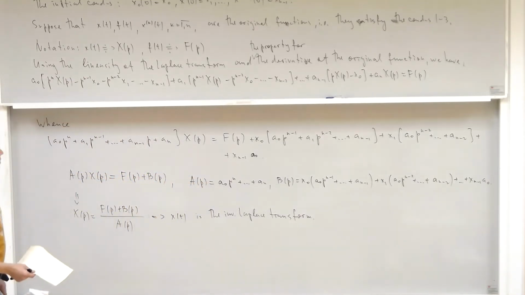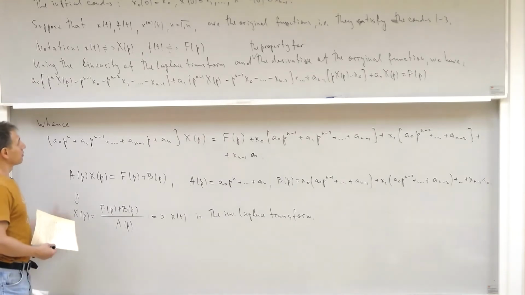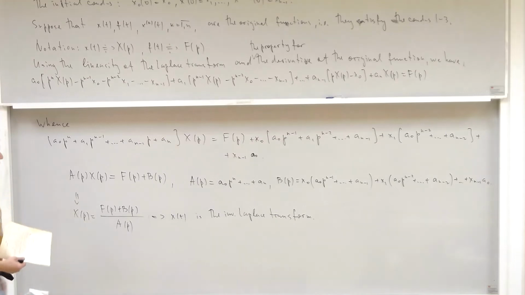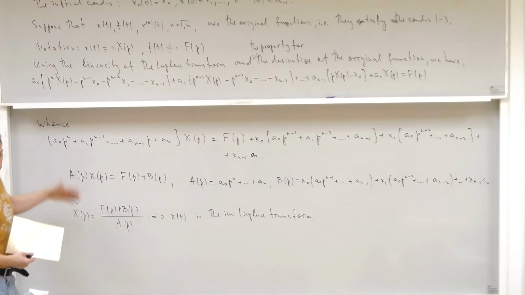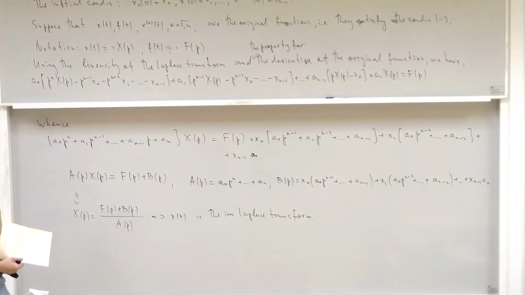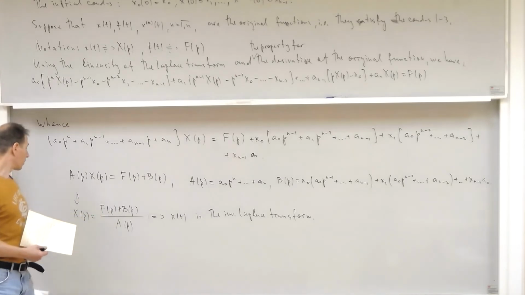Thus, we see that the Laplace transform allows us to reduce the solution of an ordinary differential equation to the solution of an algebraic equation, which is a much simpler task. Then we solve this algebraic equation.